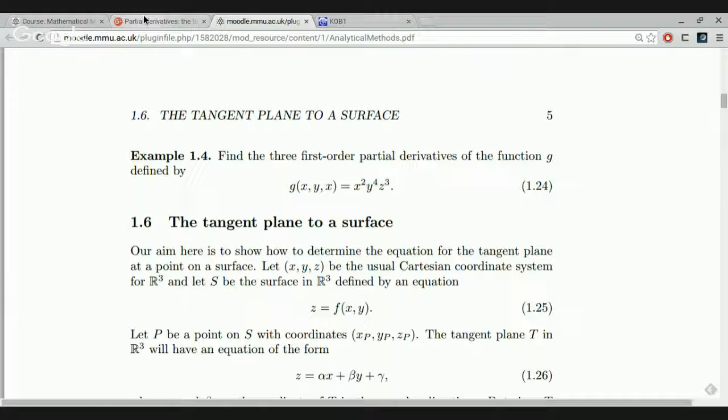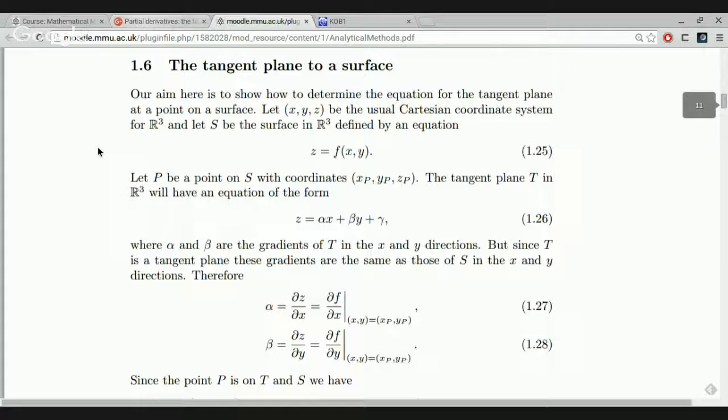So coming to section 1.6. Here, this is talking about the tangent plane to a surface.